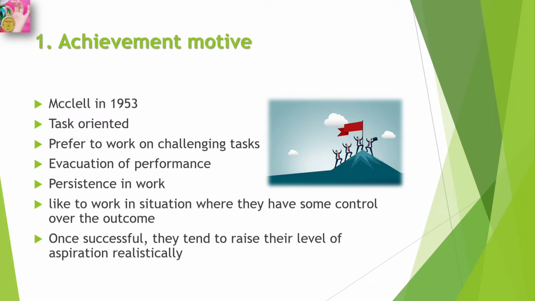They are task-oriented and prefer to work on tasks that are challenging and on which their performance can be evaluated in some way, either by comparing it with other people's performance or in terms of some other standard. They are persistent in their work and like to work in situations where they have some control over the outcome. Once successful, they tend to raise their level of aspiration realistically.